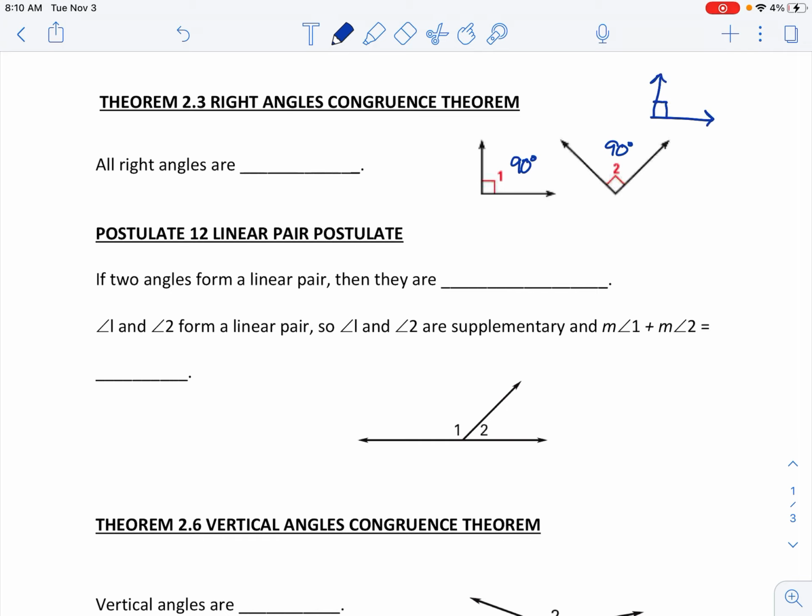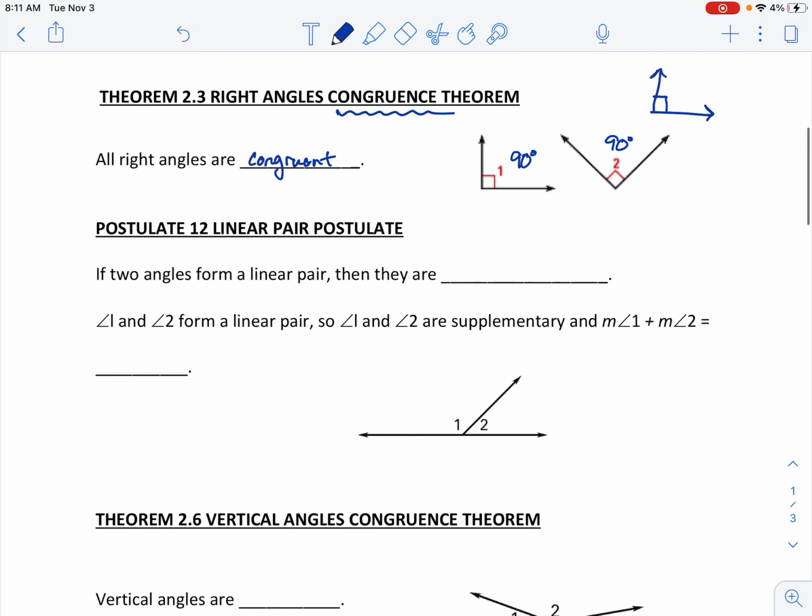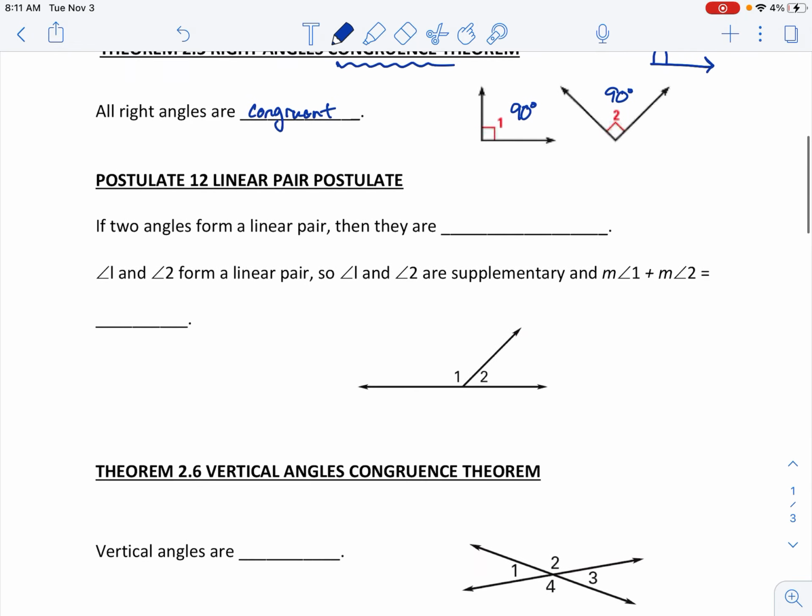If they're all 90 degrees, they're all the same, they are all congruent. So the right angle congruence theorem just says any right angle ever is going to be congruent to any other right angle. So all right angles are congruent because they have to be the same in order for them to be a right angle. So kind of a nice easy one to start off with.